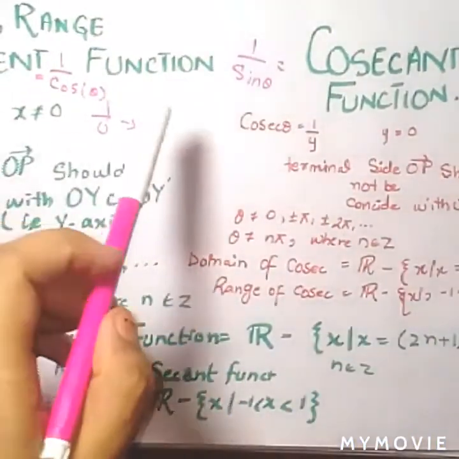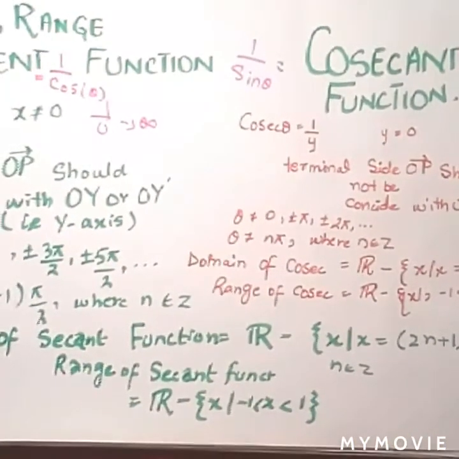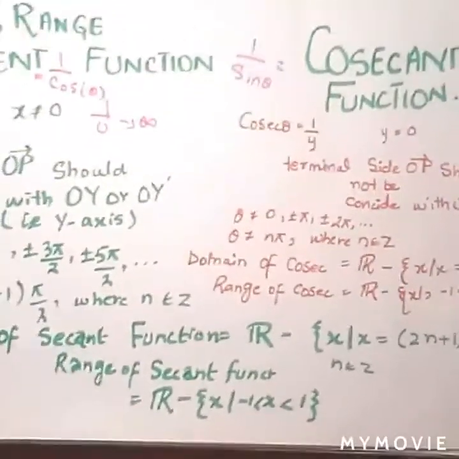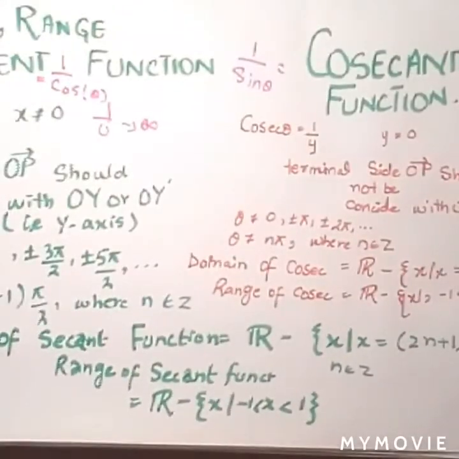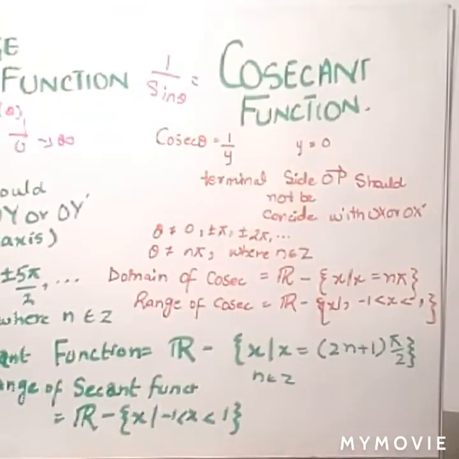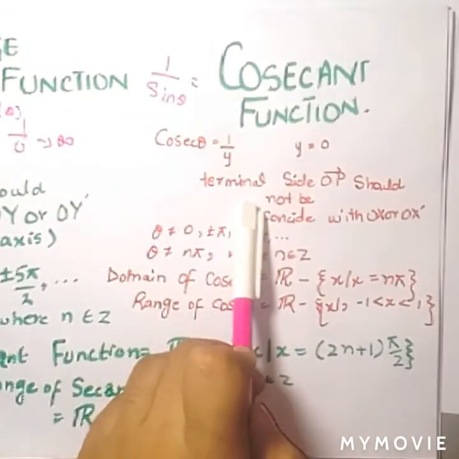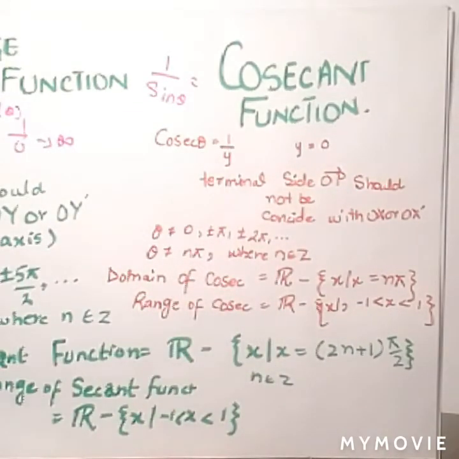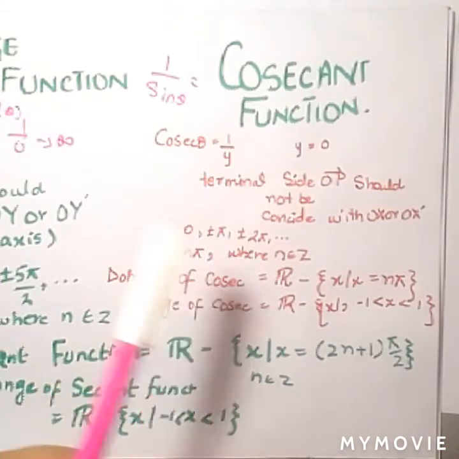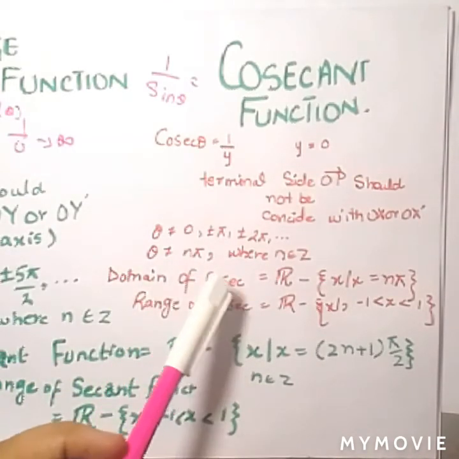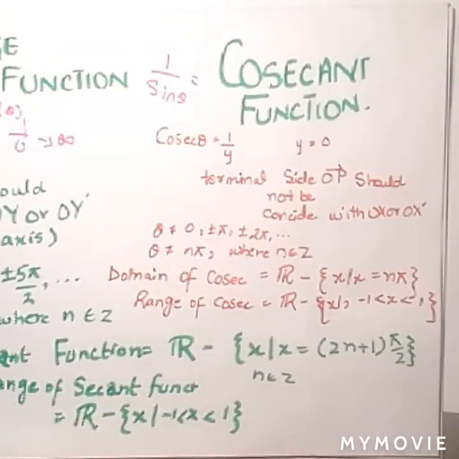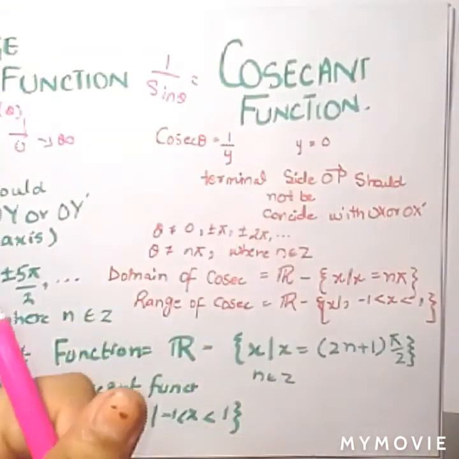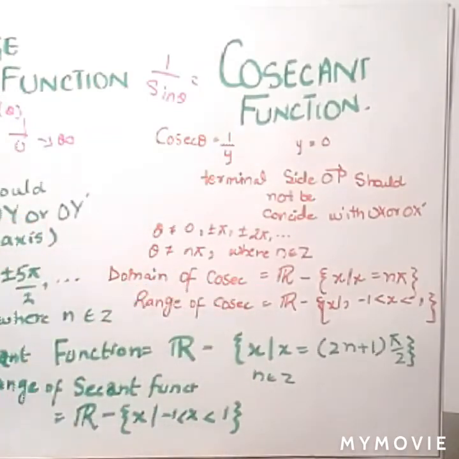Now check the cosecant theta. Cosecant theta is equal to 1 over y, where y should not be equal to 0. So the terminal side should not lie along OX. That's why theta should not be equal to 0, pi, 2 pi and their negative values, plus or minus pi, plus or minus 2 pi and so on.